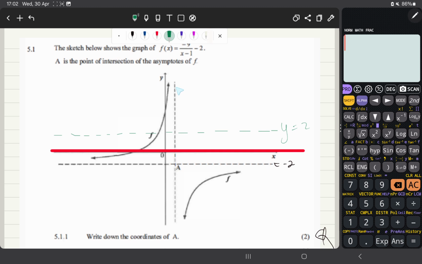And then the vertical asymptote is gonna remain as it is because we are not reflecting along the y-axis. So you have that straight line, which is a reflection of this q. We have it down there, up there.